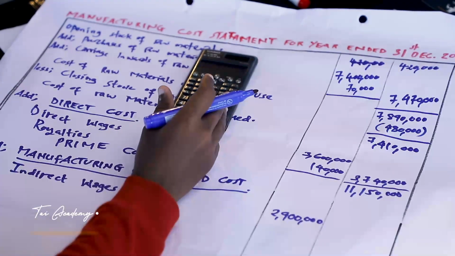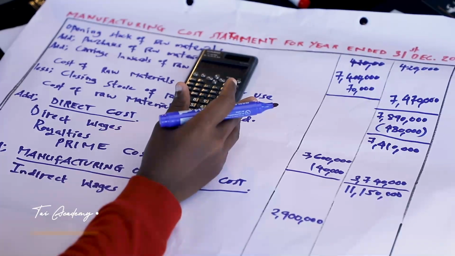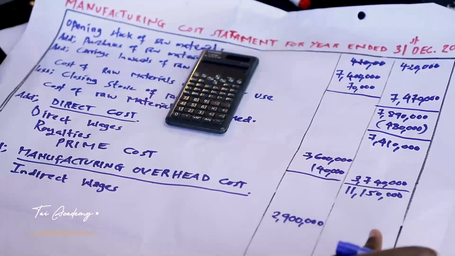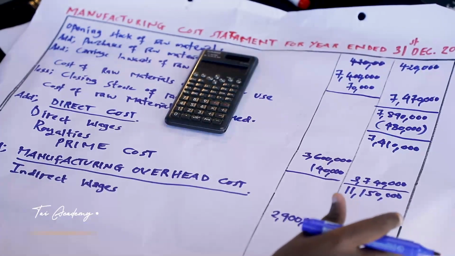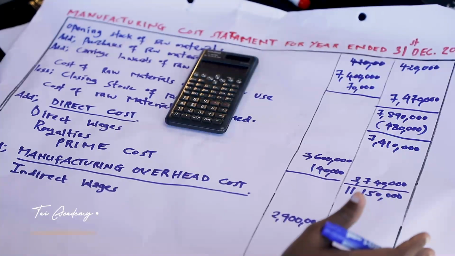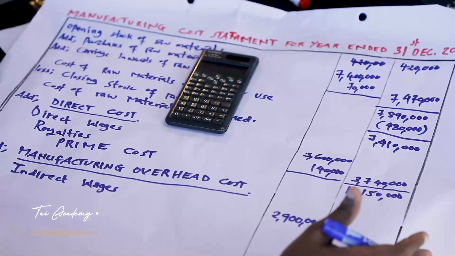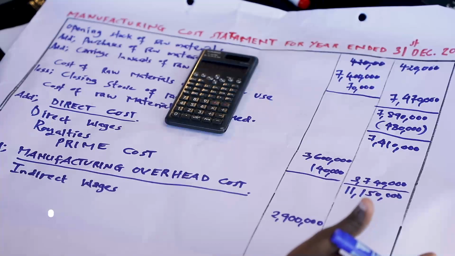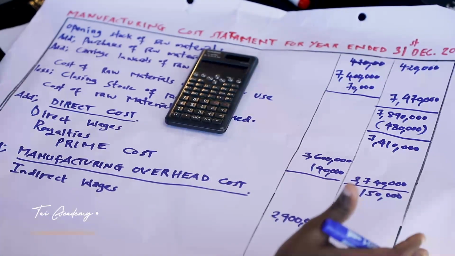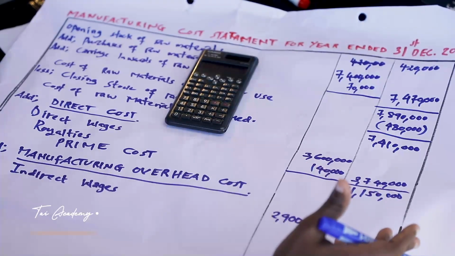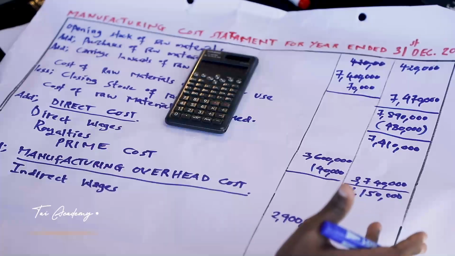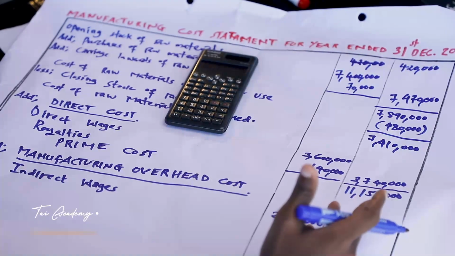Remember that kwenye cost tuna zile period cost na tuna zile product cost, ambazo product cost ni zile cost ambazo zimetumika kuproduce commodity, lakini period cost are just cost ambazo zimekuwa incurred during the normal operation of the business.